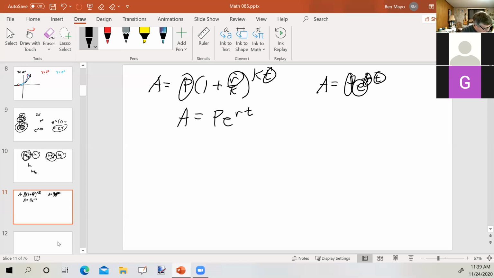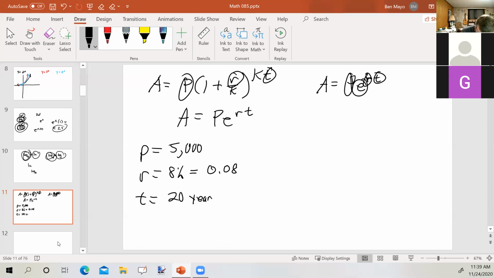It says, use this formula given the following values of P, R, and T. So let's say that P is 5,000, R is 8%, which we would write as 0.08, and T is 20 years.